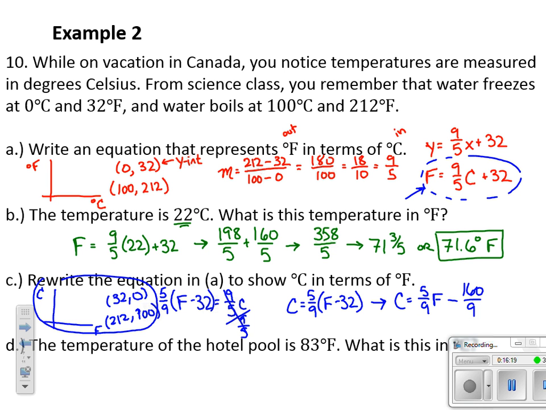Letter D says the temperature of the hotel pool is 83 degrees Fahrenheit. Just right. What is this in degrees Celsius? So we take our new function and say, hey, we want Celsius as an output. That equals 5/9 times 83 degrees Fahrenheit minus 160 over 9.